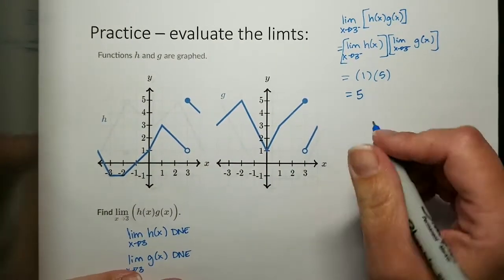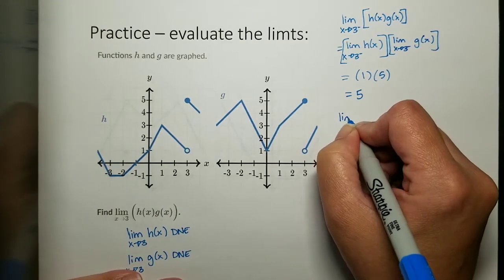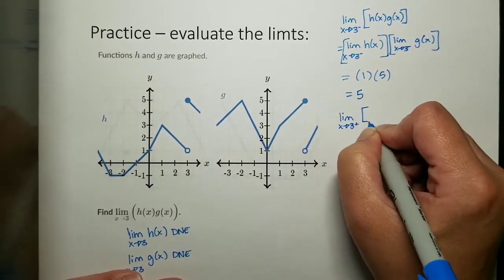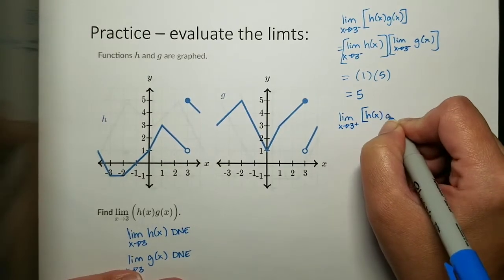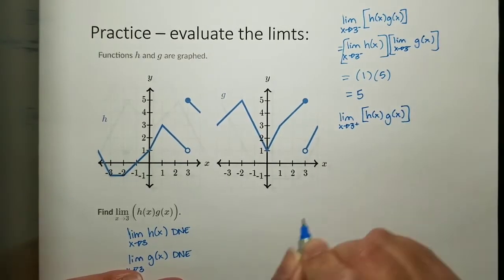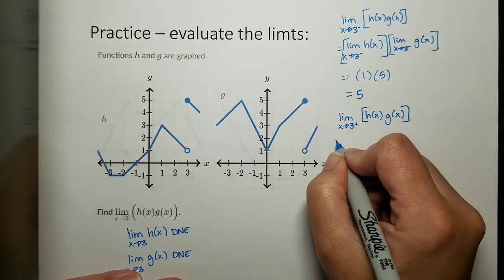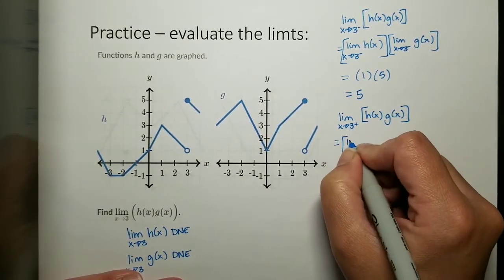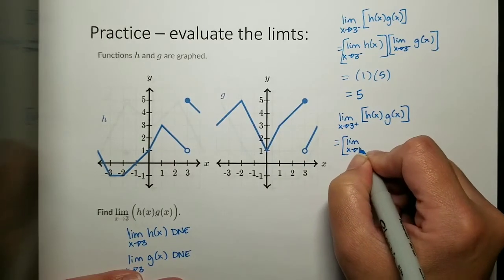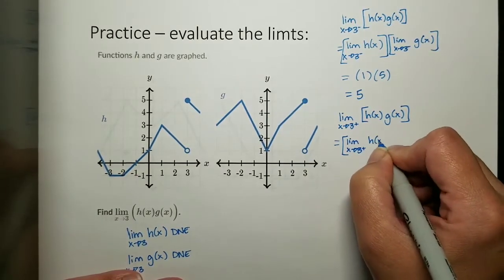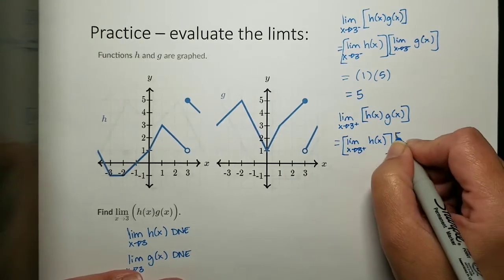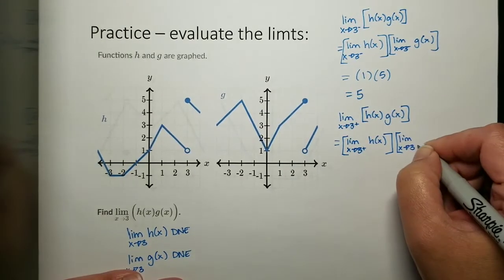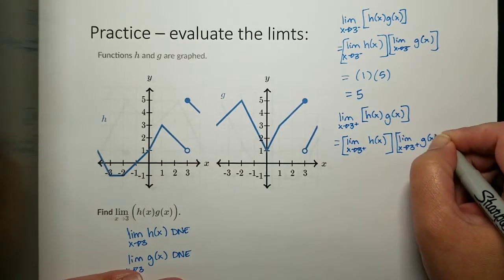We can do the same thing with the right-sided limit. So the limit as x approaches 3 from the right of h at x times g at x is going to be equal to the two individual limits multiplied together: the limit as x approaches 3 from the right of h at x times the limit as x approaches 3 from the right of g at x.